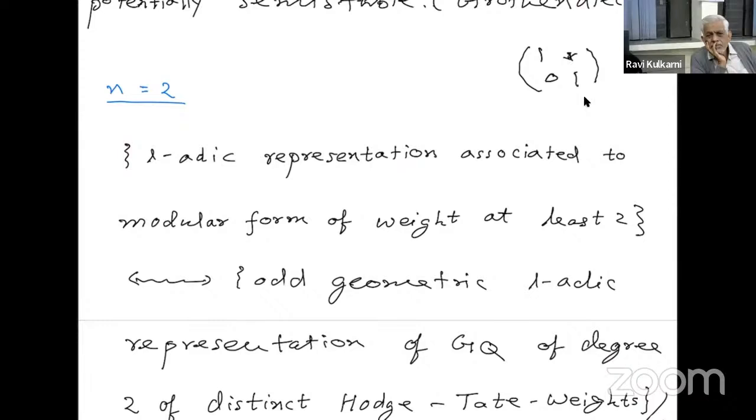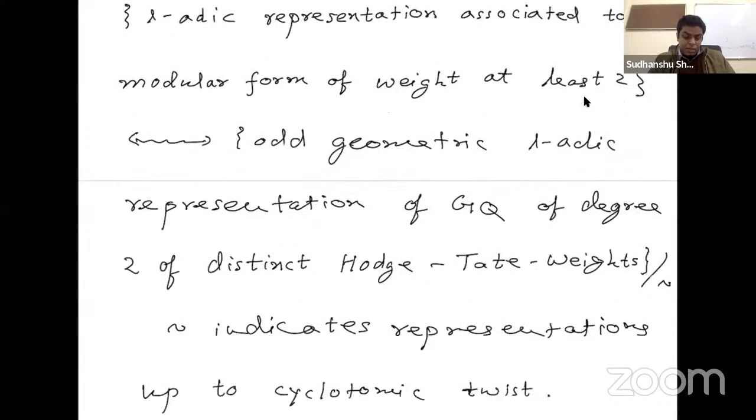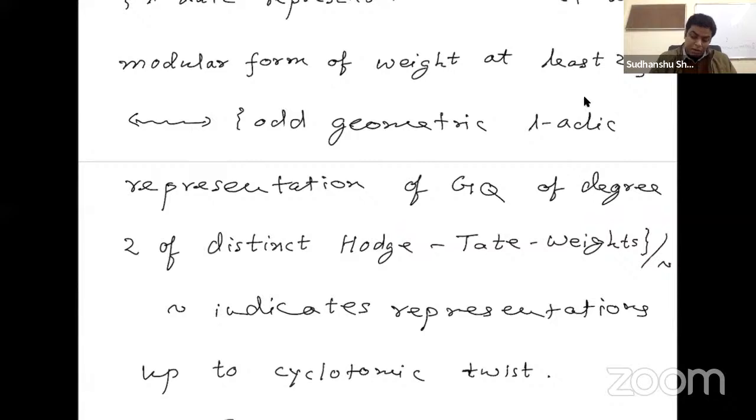We are interested in representations associated to modular forms, actually Hecke eigenforms, of weight at least 2, and they correspond to what are called odd representations, odd irreducible representations of G_Q of degree 2.